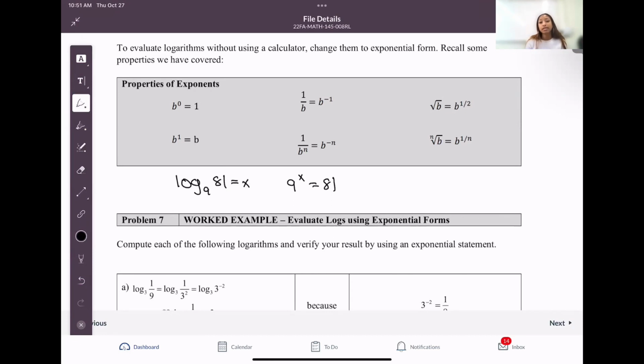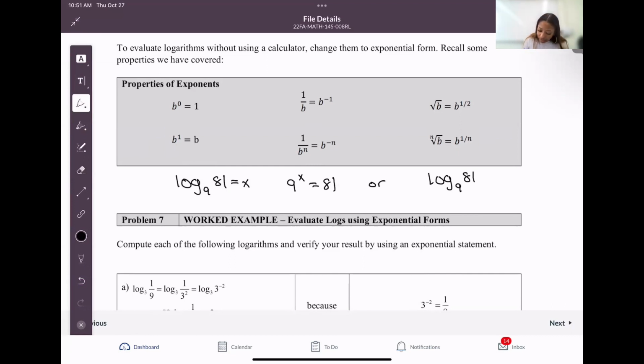You can solve this. We solve problems like this in the beginning. Alternatively, we can start from log base 9 of 81, and say, I want to rewrite 81 as 9 to some power.